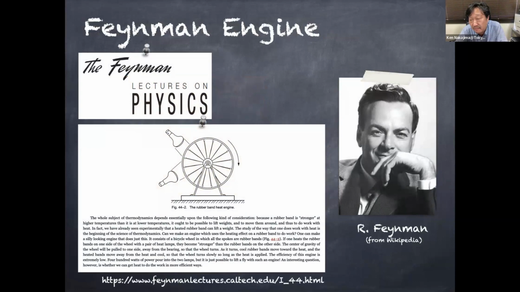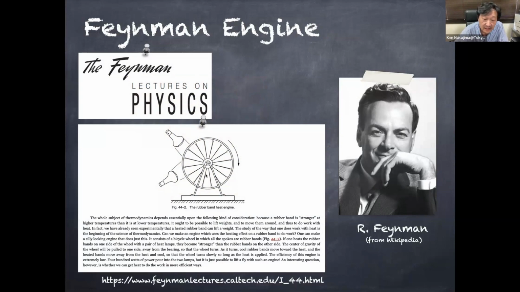Professor Feynman, you may know him because he is a very, very famous physicist, and he wrote a textbook on very basic physics. And in Japan also, we sometimes use his textbook. And you can find a very interesting experiment in his textbook.